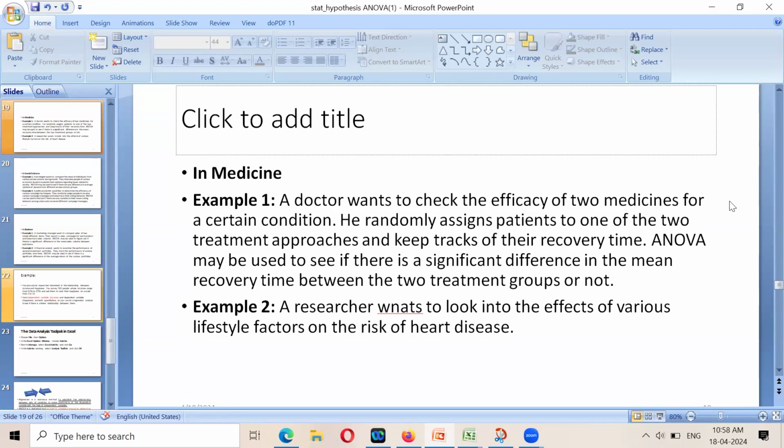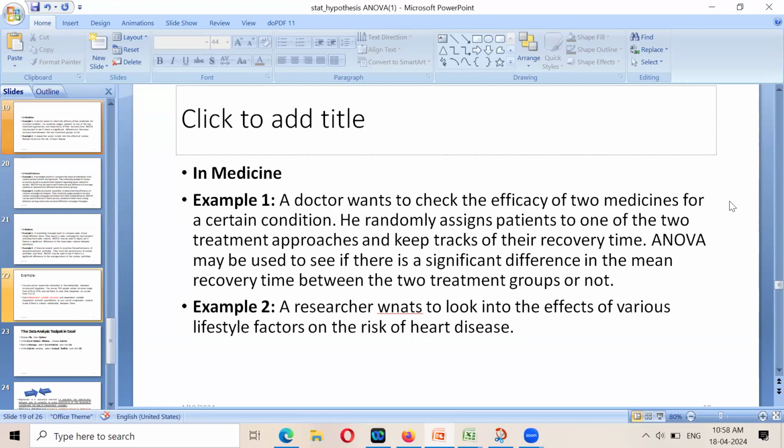So how did they come up with the claim? They came up with the claim after performing the ANOVA test on some group of people. So the ANOVA test is very largely performed in pharmaceutical companies. Pharmaceutical companies always prefer to perform the ANOVA test on some group of people.